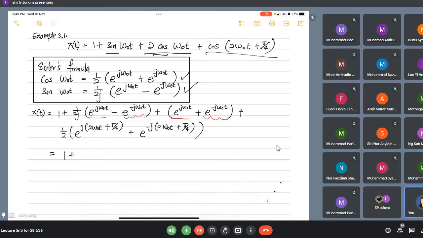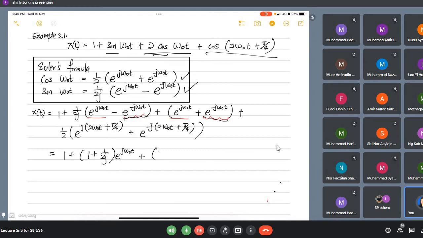Okay, so for the exponent j omega naught t, you have 1 plus 1 over 2j exponent j omega naught t. Then you want to collect for the exponent minus j omega naught t for this part.